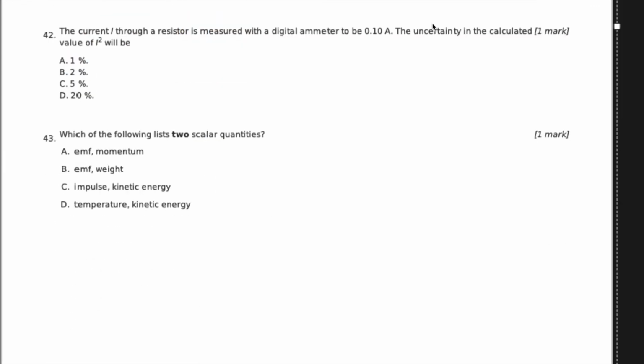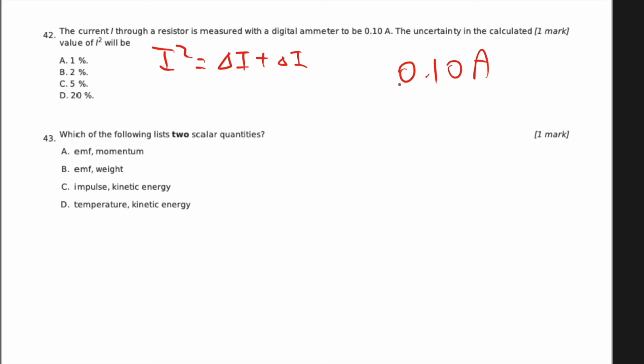Current through a resistor is measured with a digital ammeter to be 0.10 ampere. The uncertainty of the calculated value of I squared will be what? So to calculate the uncertainty of I squared, you just add up the uncertainty of I. So you know the reading is 0.10 ampere, right? And it has two significant figures. So the least significant or doubtful digit is the rightmost digit, which is 0 in this case, and it occurs at the hundredth place.